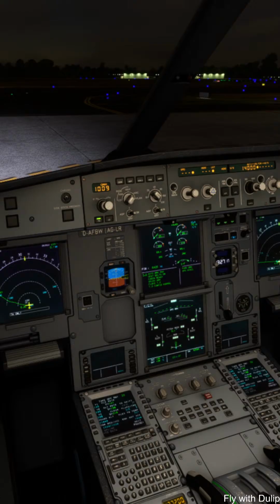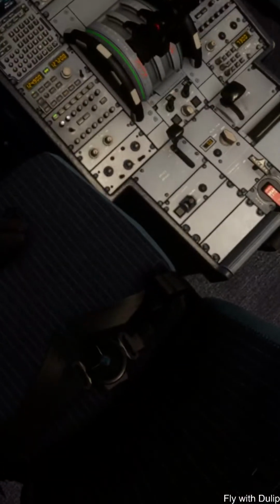Colombo Center, SriLankan 103 is ready to taxi. SriLankan 103, taxi via Papa Alpha, holding point runway 22, squawk mode Charlie. Taxi via Papa Alpha, hold short on runway 22, squawk mode Charlie, SriLankan 103. Right now we got everything, and then I think we have a problem over here.